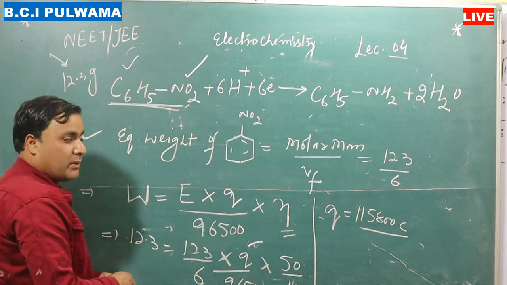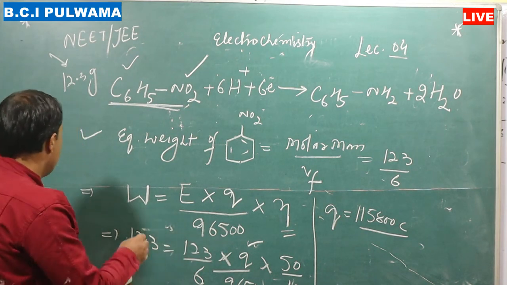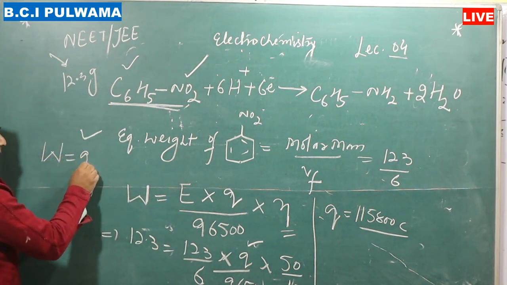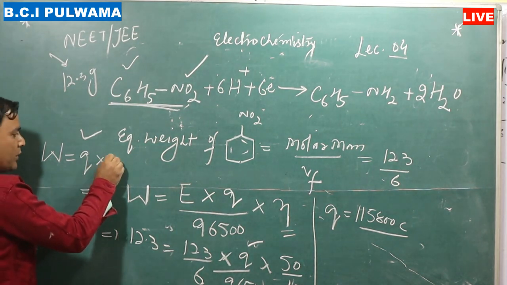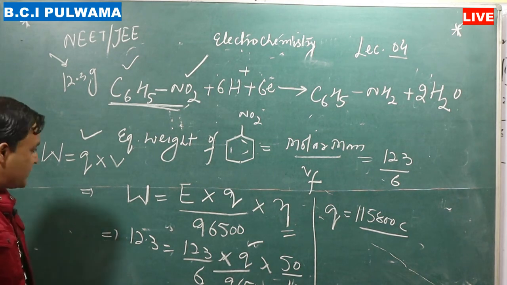In an electrochemical cell, whether electrical energy is consumed or produced, you employ the formula W is equal to Q into V, where W is the electrical work done or electrical energy produced or consumed.